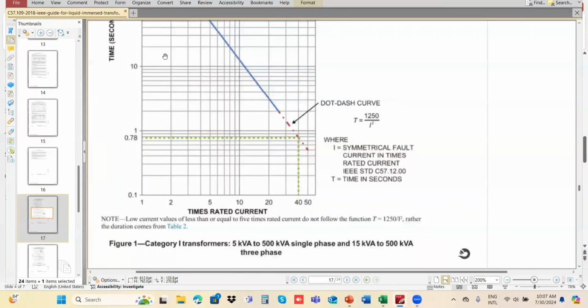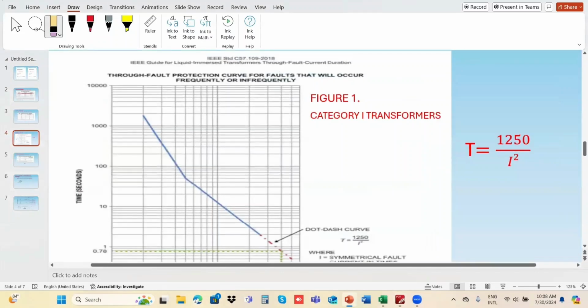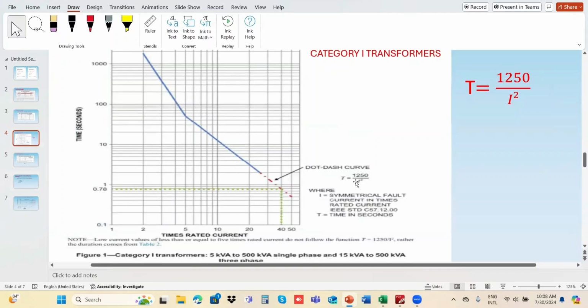So meaning the current less than 5 times the rated current is not applicable for this function, T equals 1250 over I squared.